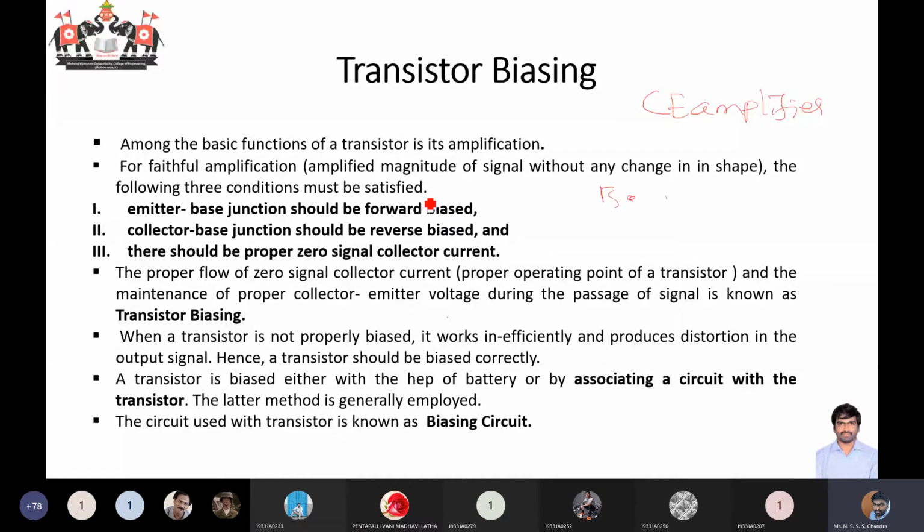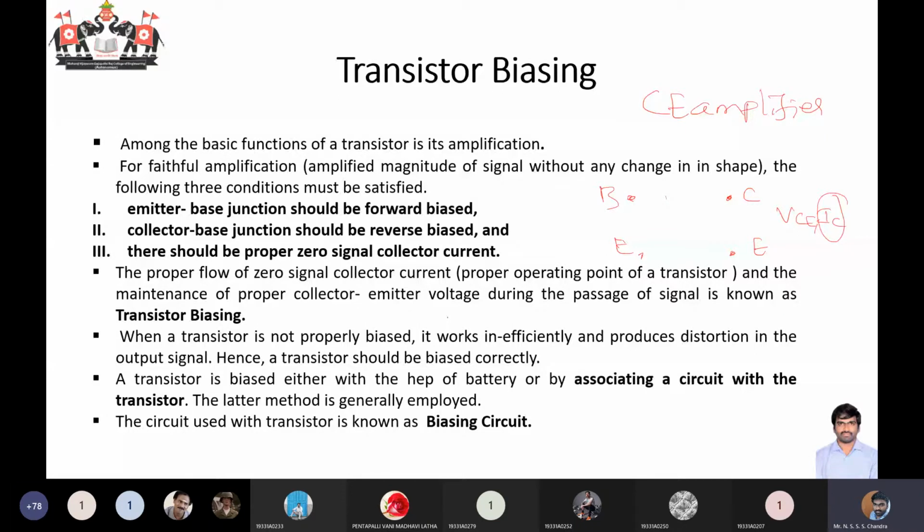Input terminals are base and emitter. Output terminals are collector and emitter, right? So when we are talking about the operating point, it's nothing but your output voltage and output current, meaning VCE and IC. This IC value should be properly maintained.